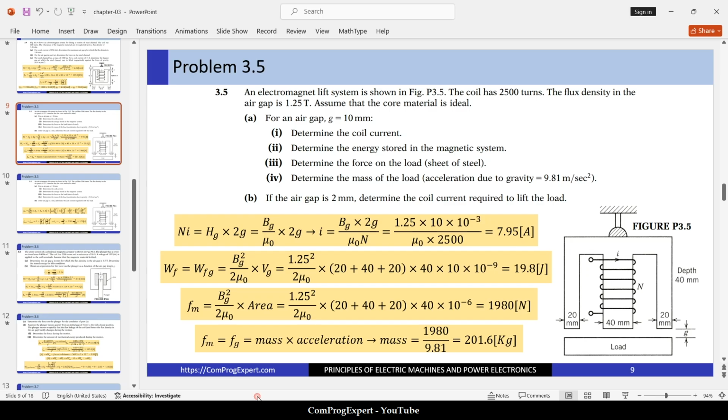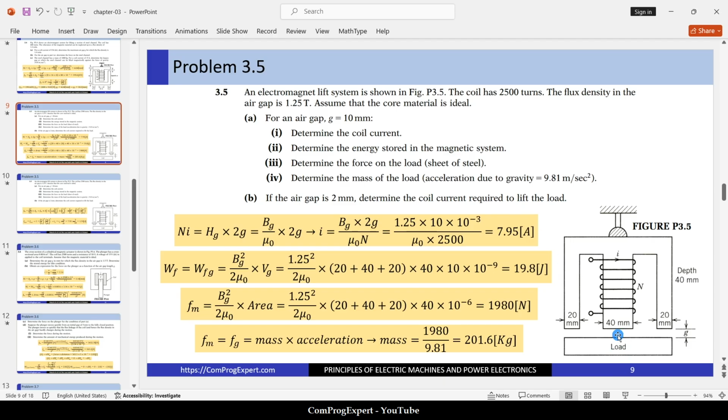So the next part, part B: if the air gap is 2 millimeters, determine the coil current required to lift the load. In the previous case, the air gap thickness was 10 millimeters. If we change the thickness of the air gap, how much current is required to lift this load?